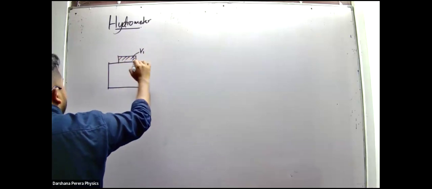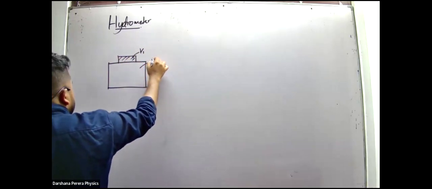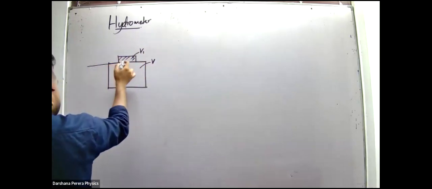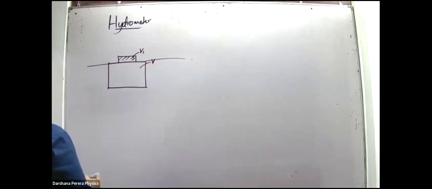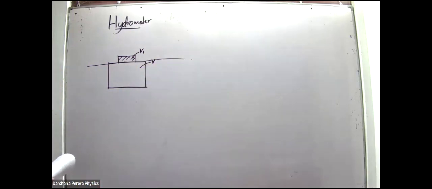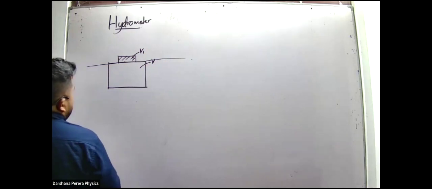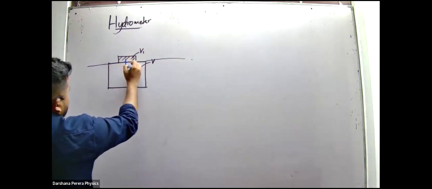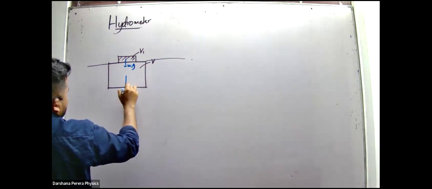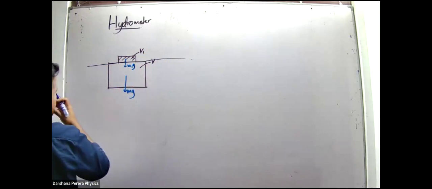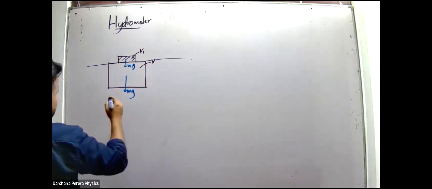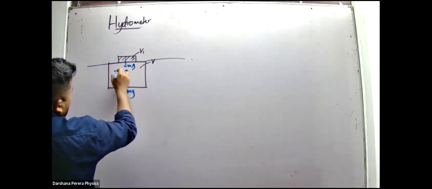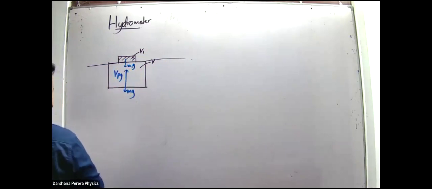I take the volume of this one as V1 and V. So it is a floating object. So it has a mass m1 g and also m g. So the upthrust is acting only V rho g.